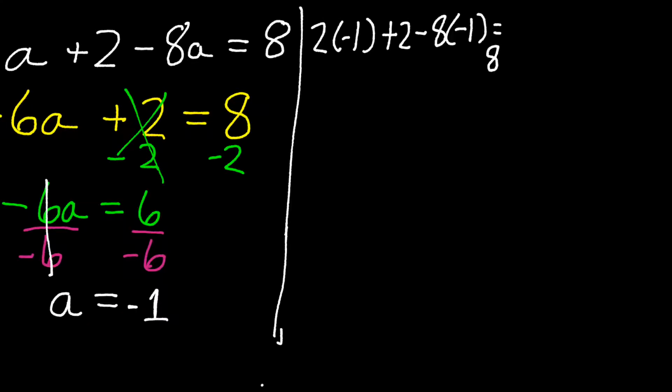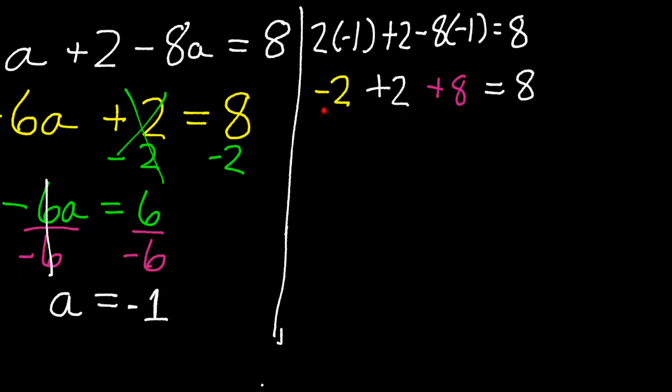I'll scoot it over just a little more. Okay. So it should equal 8. 2 times negative 1 is negative 2 plus 2, because we didn't do anything to that term. And then negative 8 times negative 1 is going to be a plus 8. And all of this hopefully will equal 8.